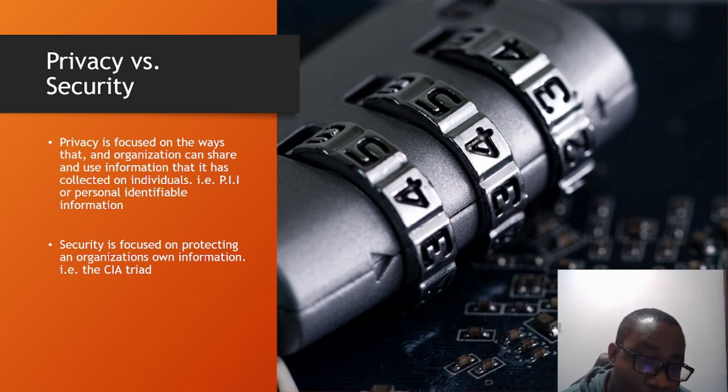And security is more focused on protecting an organization's own information, i.e., the CIA triad that we just talked about. So that's the difference. We're not just focused on security like how we were before in Sec Plus. We're now focused on privacy. And this is where we're starting to get into the intricacies of what being a cybersecurity analyst is.